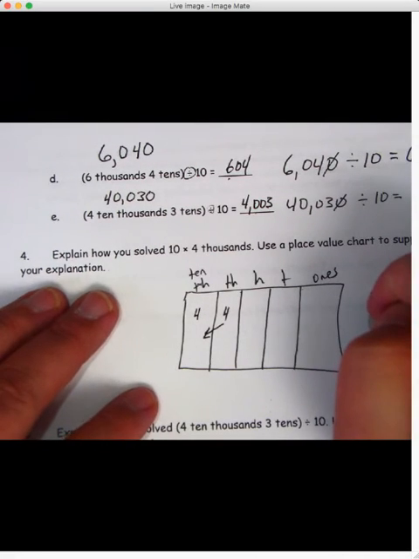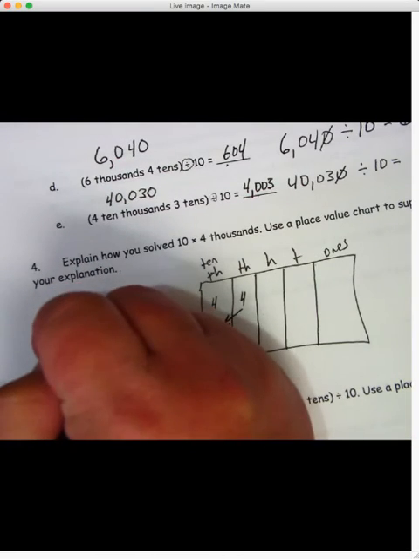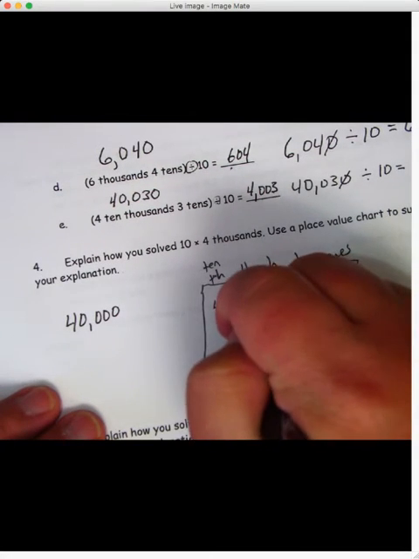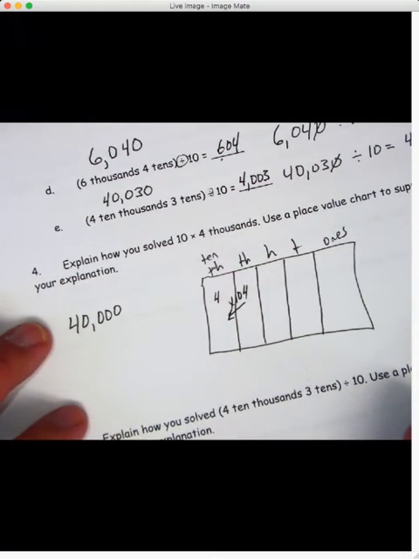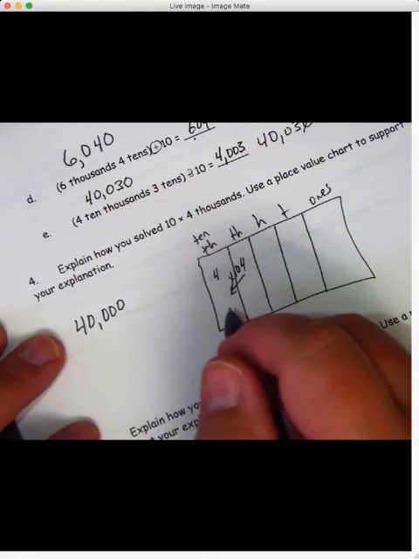or 40,000. We can put times 10 right here. So we can explain how we did that. We can write it out.